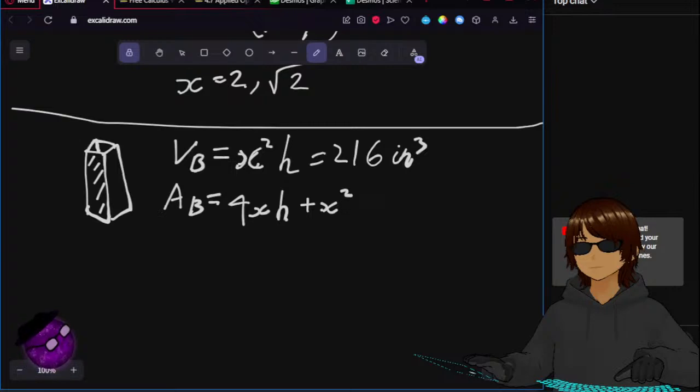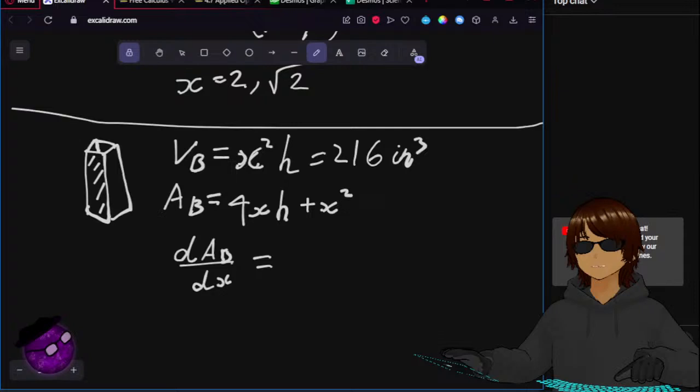And then we need to minimize, so the derivative of the surface area of the box with respect to x. But h is like a variable. Oh yeah, this is 216 inches cubed, so we can replace h. Then h is 216 over x squared.